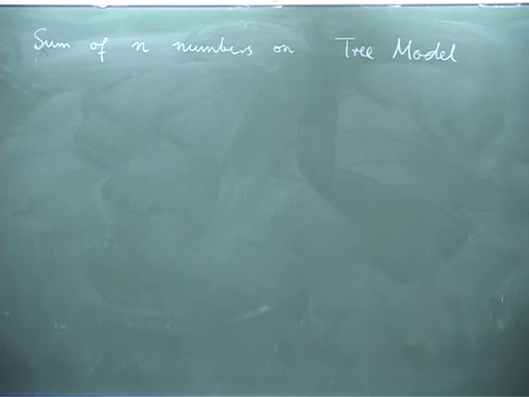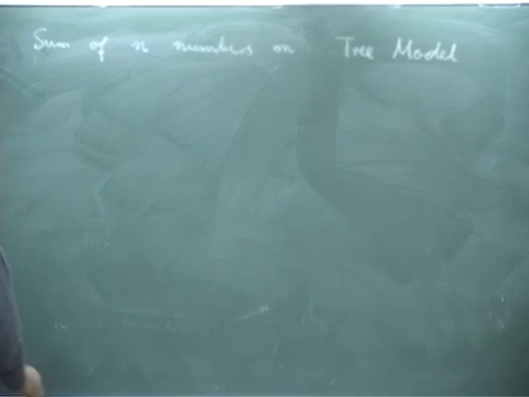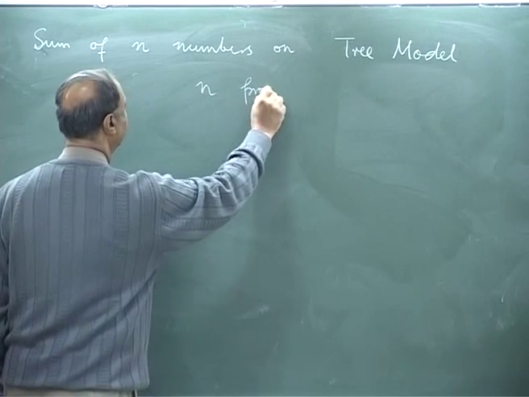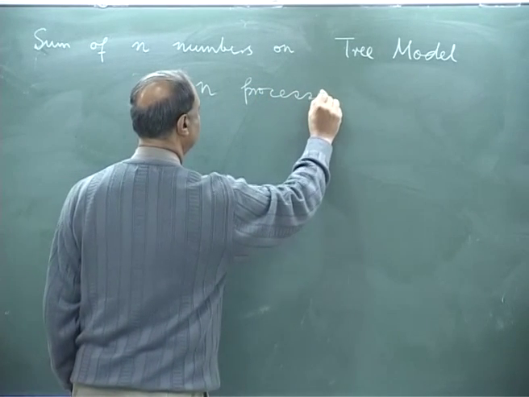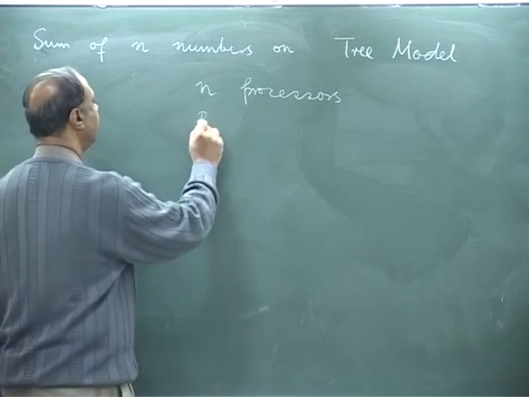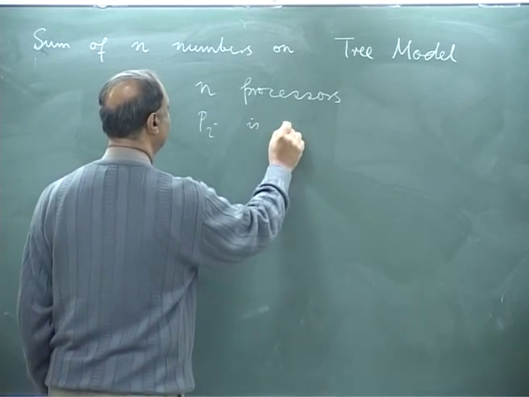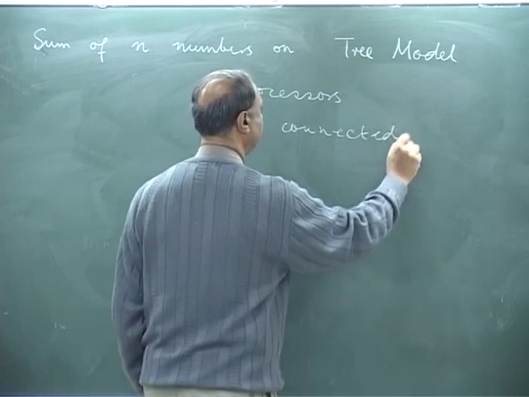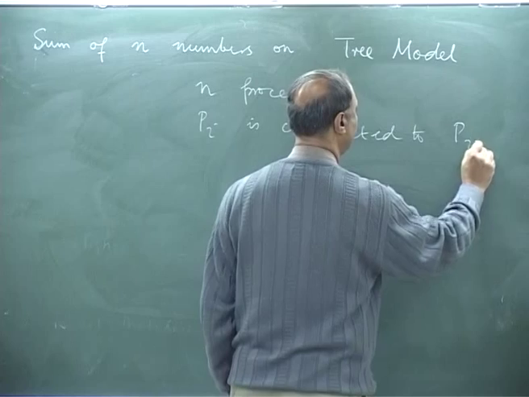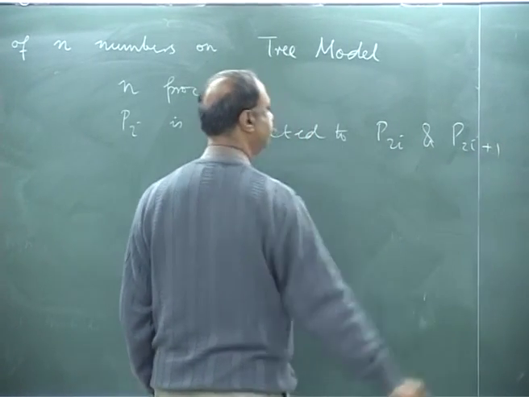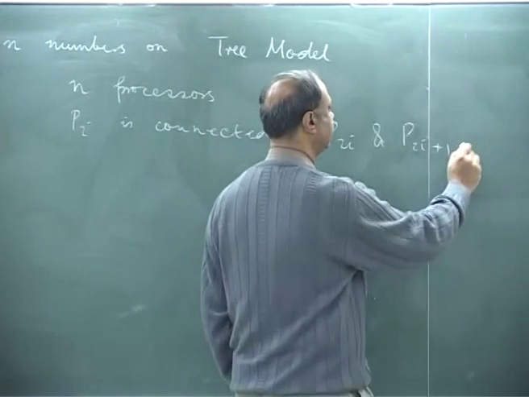Next one is the sum of n numbers on tree model. And here you have assumed that you have n processors. Pi is connected to P2i and P2i plus 1, provided they exist.